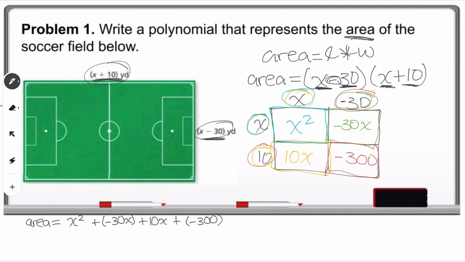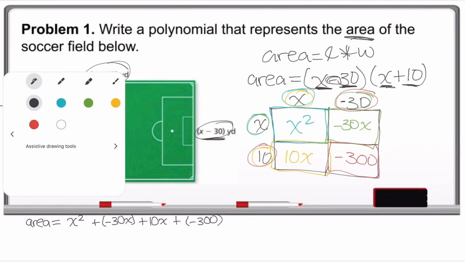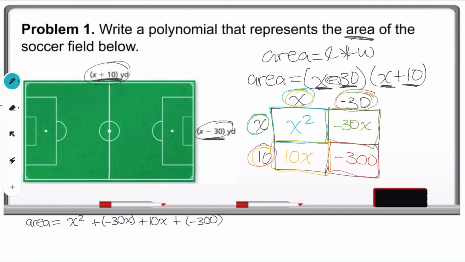I am not done because I see I have like terms. So of course, as usual, when you have like terms, you always combine them. I'm going to combine negative 30x and positive 10x because they are like terms, because they are both linear terms.